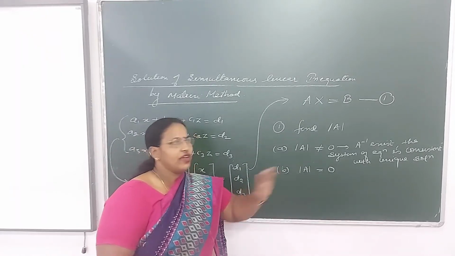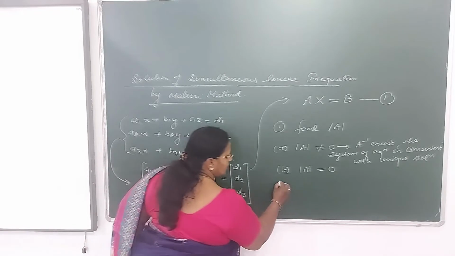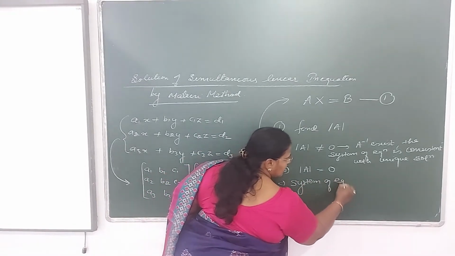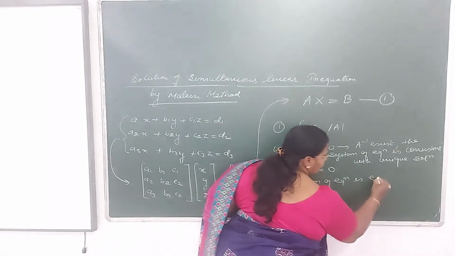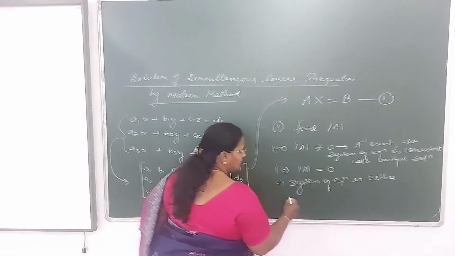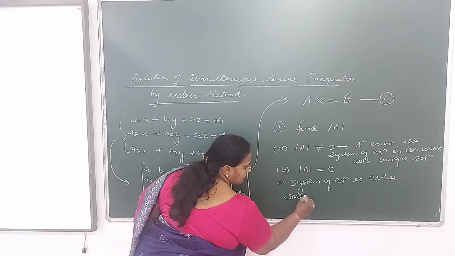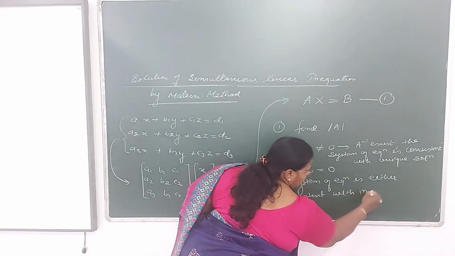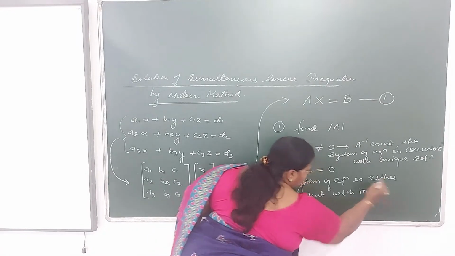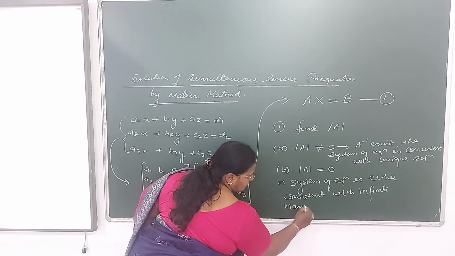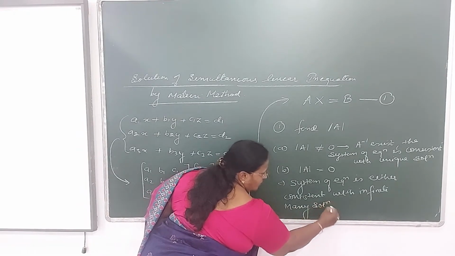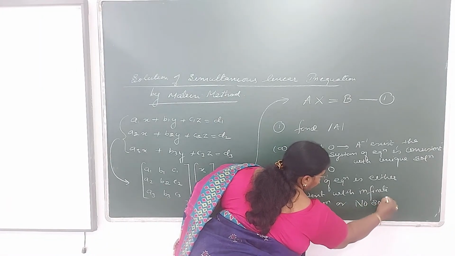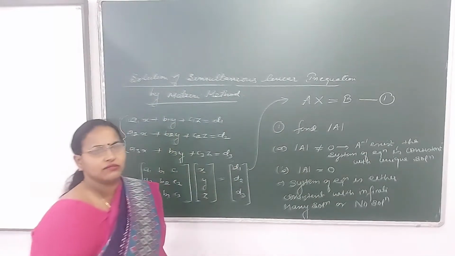If determinant of A is equal to 0, this means the system of equations is either consistent with infinitely many solutions, or the case is of no solution. That means it is inconsistent.